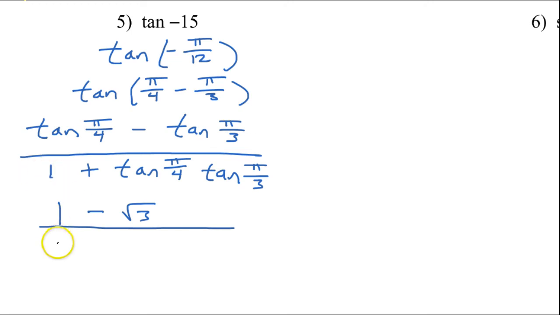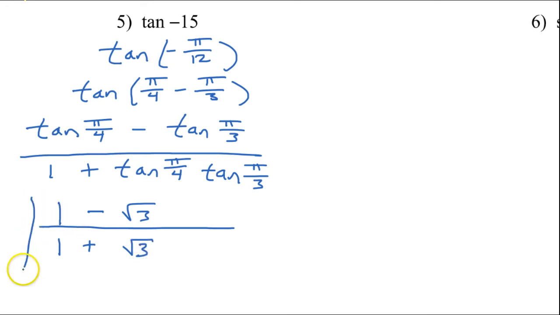Now the denominator, I have this 1 right here, and then plus. Tangent of pi over 4 is 1. I'm not even going to write that down because it's just 1 times whatever is coming. It's not going to change anything. But tangent of pi over 3, as we said, is radical 3.